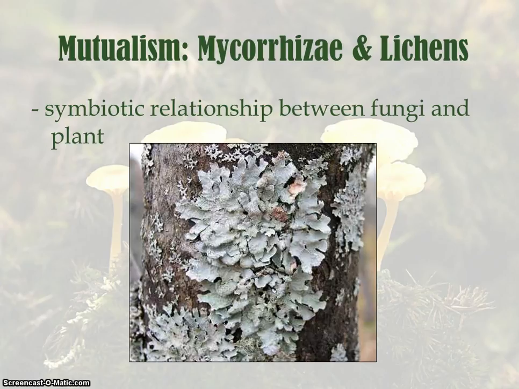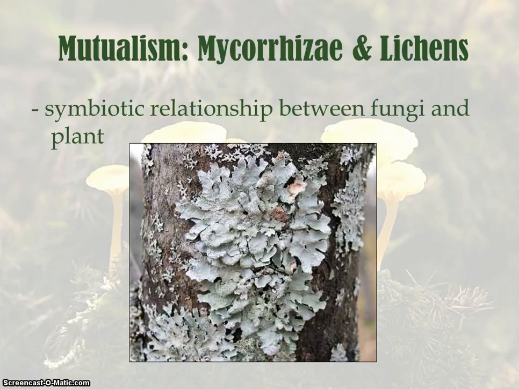Now, fungi do have relationships with other organisms, and here's just an example. This is a type of mutualistic relationship between fungus and plant, the lichen and the mycorrhizal fungus. They're both benefiting, and what's happening here is that the fungus is helping to break down the dead matter from the plant and taking in food for itself.